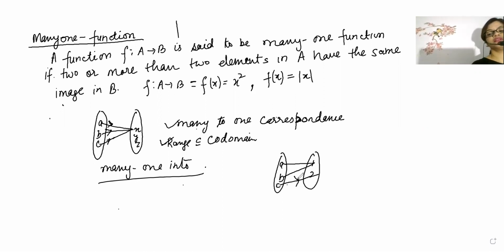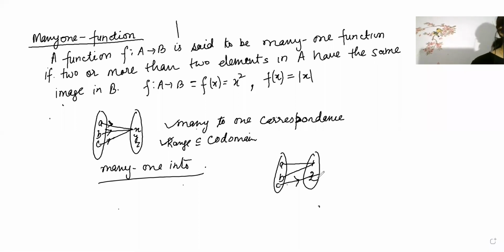Give the answer, quickly. What type of function is it? Many-one, complete it fully, beta. Many-one onto, correct.